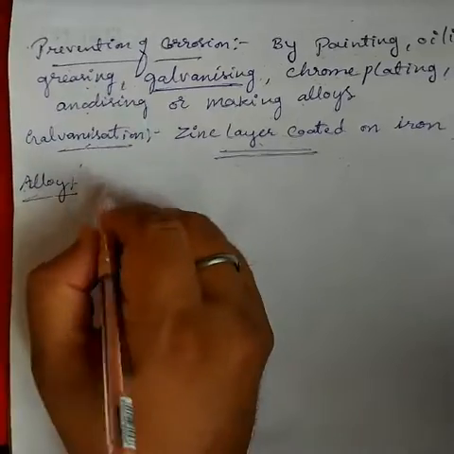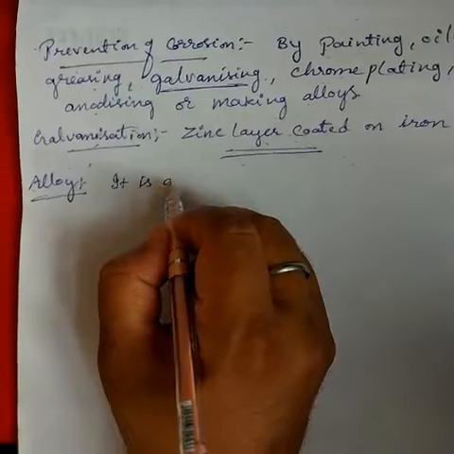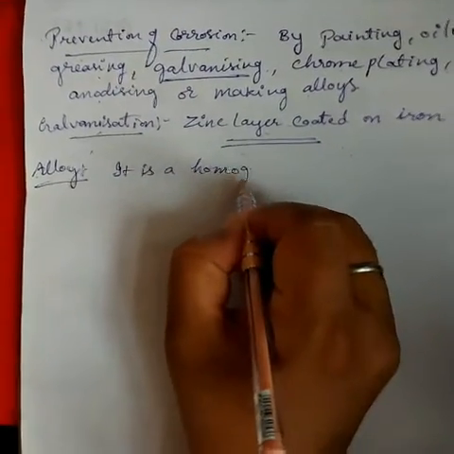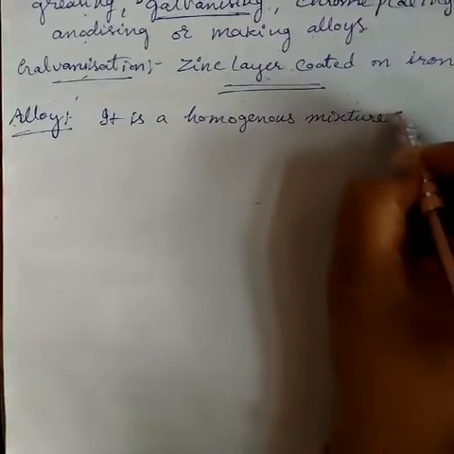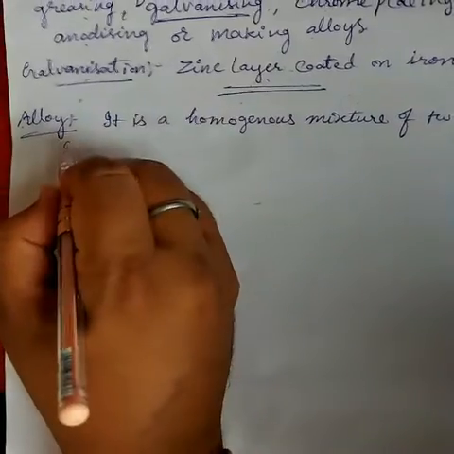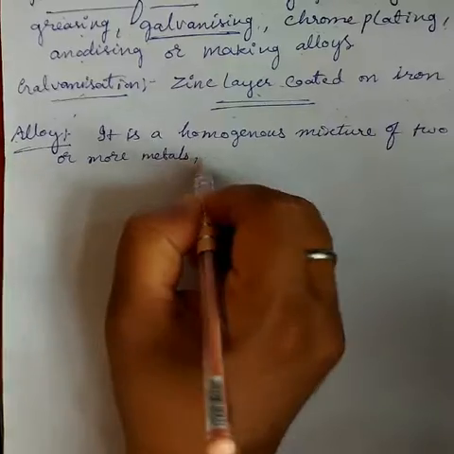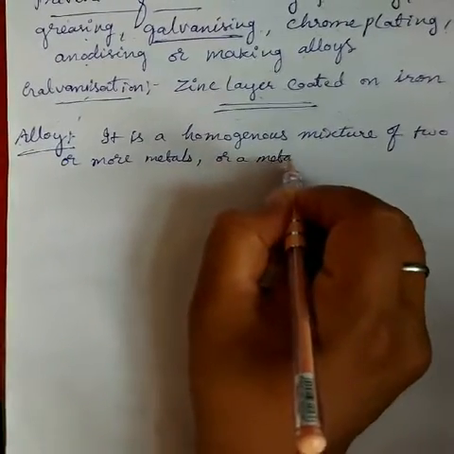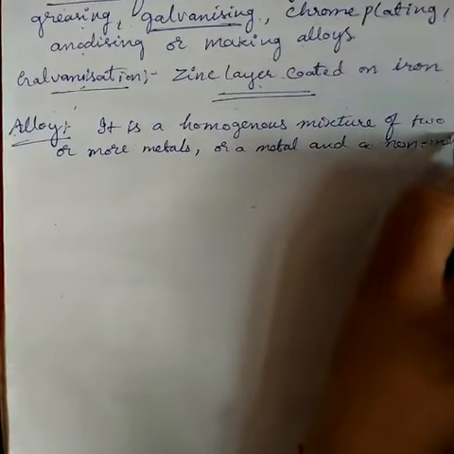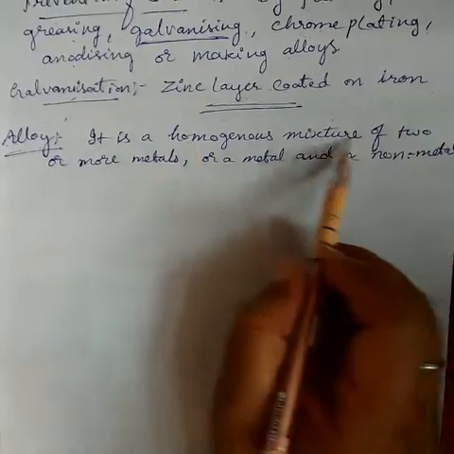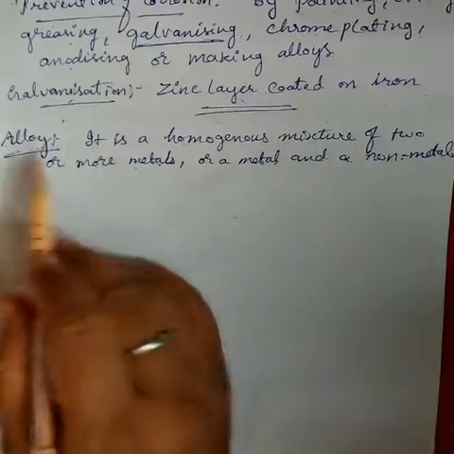Now we go to alloying. What is an alloy? Importantly, it is a homogeneous mixture of two or more metals, or a metal and a non-metal, called an alloy.